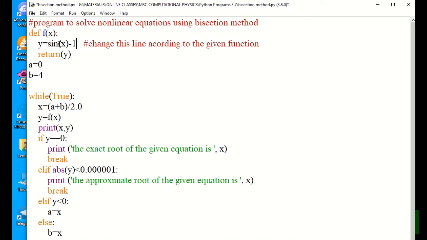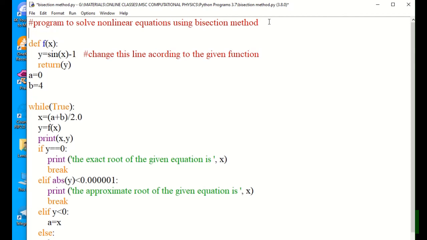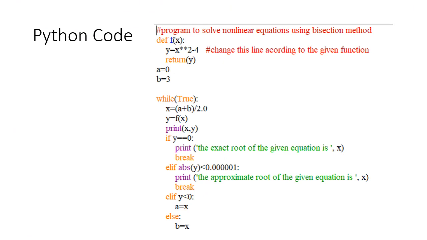But please note that core Python cannot evaluate sin of x. For that you have to import either numpy or math. So we must import this. We'll use the standard way, import numpy as np, then you can call the sine function as np.sin. So this will do. Now we shall see.